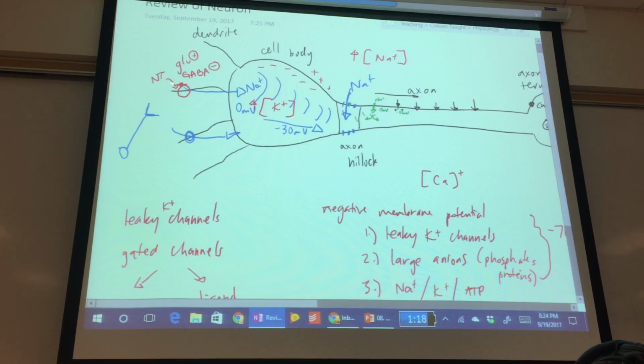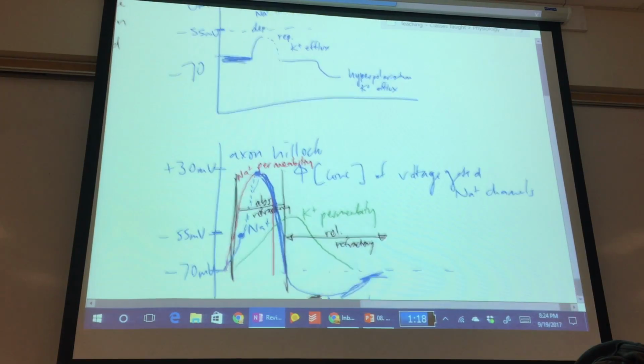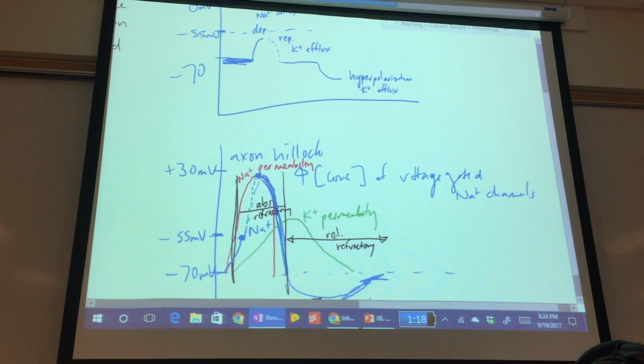So if it's another neuron, it's going to come in. If it's an excitatory neurotransmitter like glutamate, it will depolarize that next effector target. If it's inhibitory, meaning it's a GABA, it's going to come in and make it hyperpolarized, making it less likely to fire.